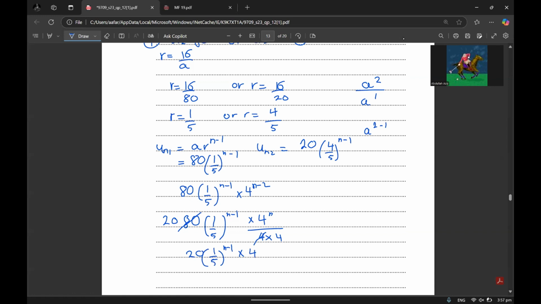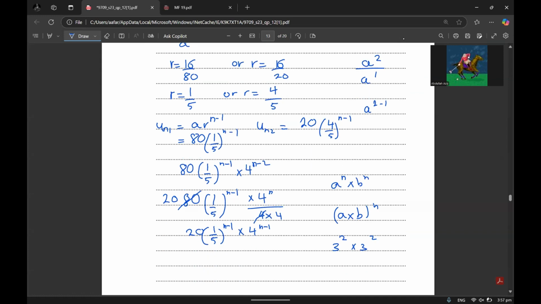And let's just take it as 4n minus 1. And so we know that if there are two terms with the same power being multiplied, then we can write it like that. I just take 2 power 2 multiplied by 2 power 2 or 3 power 2. 9 times 9 is 81, right?